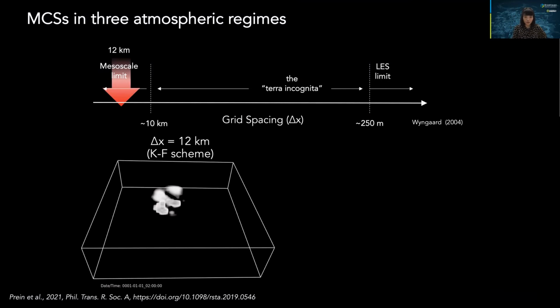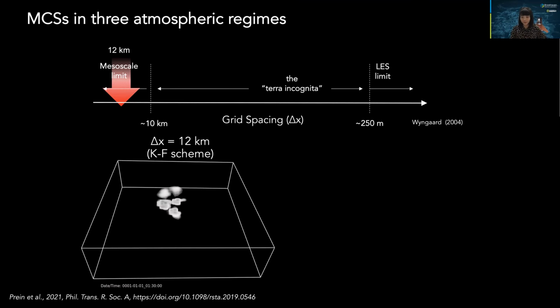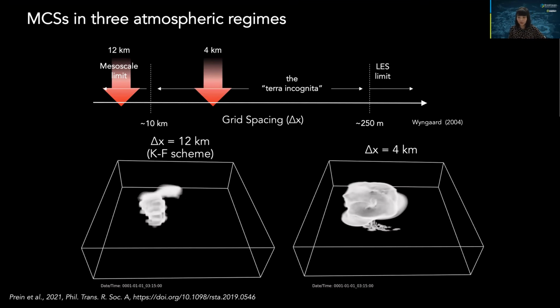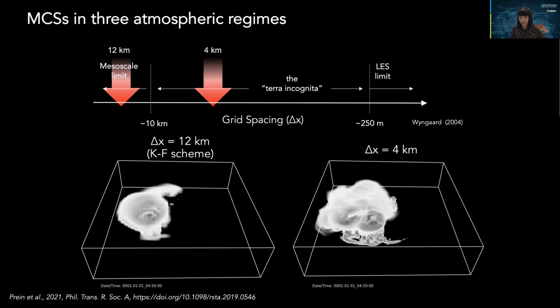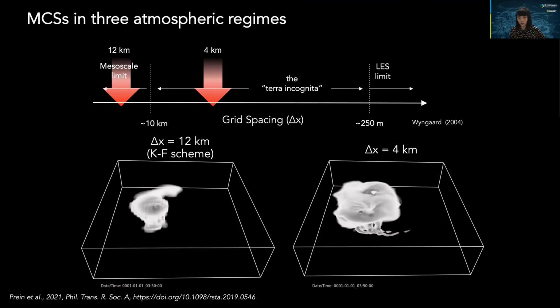Here we started with these 12 kilometer runs with the convection parameterizations turned on. As shown in this example, you have something kind of like an MCS, but not quite yet. When going down to 4 kilometer scale, we tend to get multiple convective cores and also multiple overshooting tops.